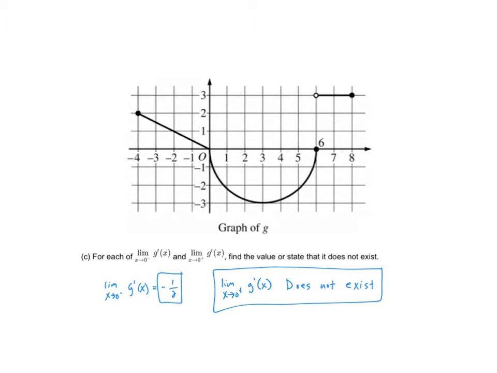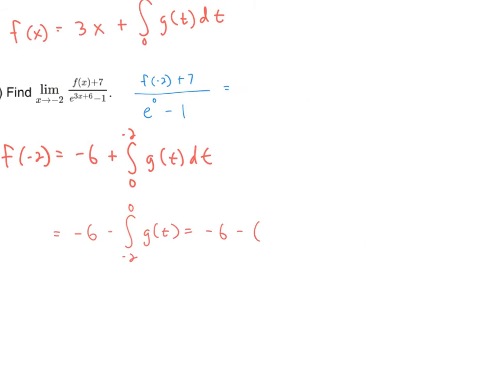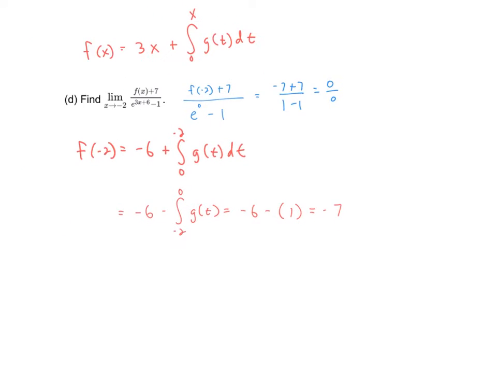That's 1/2 base times height, that's 1. So that'll be that, and that's just -7. And that'll make sense now. So now we realize this f of -2 up here is -7. And then e to the 0 is 1. So now we get 0 over 0, and we figured we'd get that.